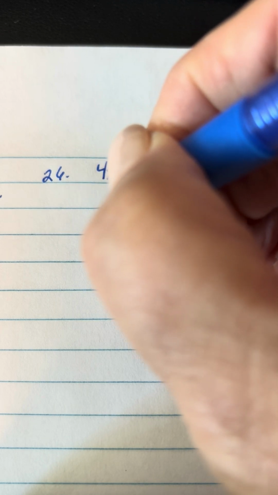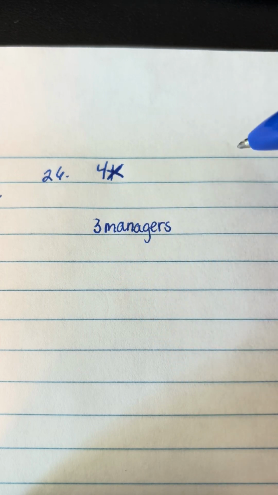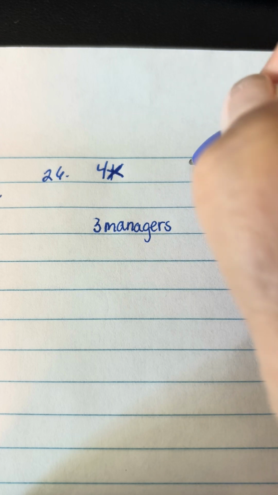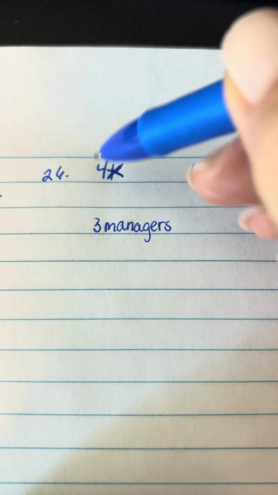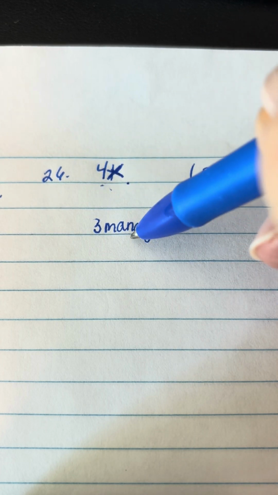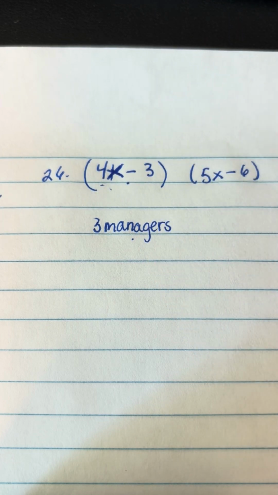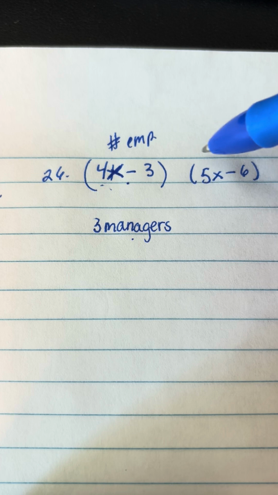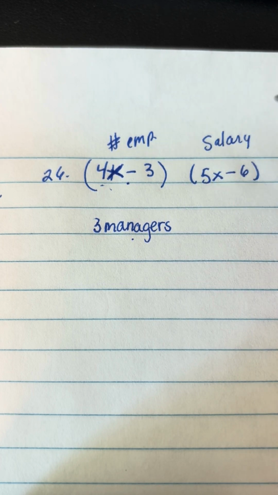So all of a sudden we know that there are 3 managers. They are not included in the average salary of each employee, which is 5X minus 6. So if this is the total number of people, but we know there's 3 managers, we would take 4X minus 3. So this is the number of employees times their salary. So we would multiply those together.